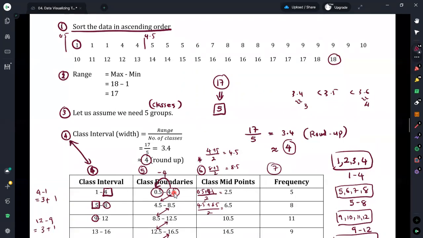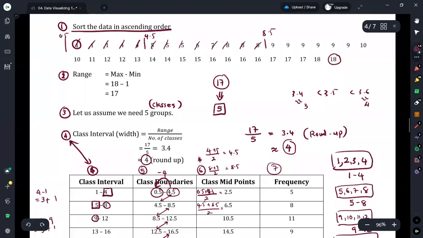Therefore, here we can see that there are 1, 2, 3, 4, and 5. Therefore, frequency equals 5. Now, the next starting value is 4.5 and it goes up to 8.5. 8.5 in the sense, here we can see this is the set of values we can take. It is 1, 2, 3, 4, 5, 6, 7, and 8. That is how we are getting the value 8 here.